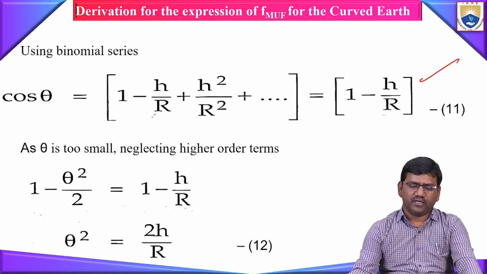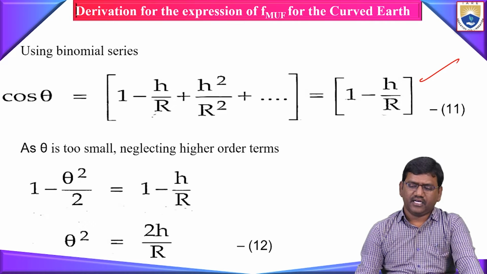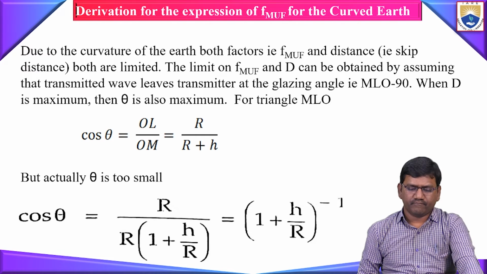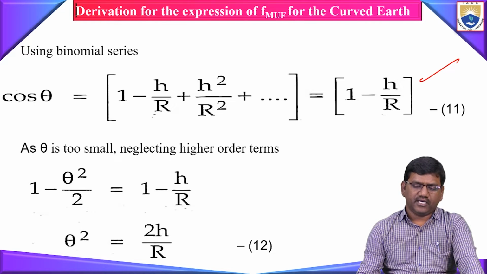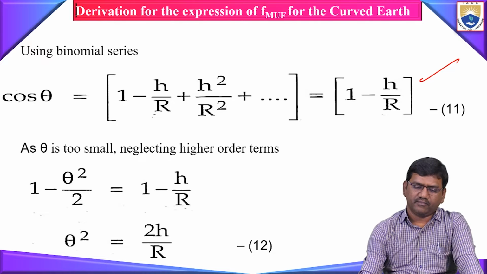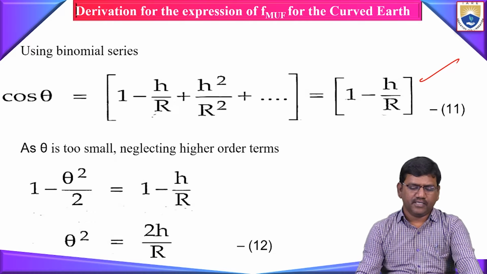As theta is very small, neglecting higher order terms, 1 minus theta square by 2 is equal to 1 minus h by r, and theta square is equal to 2h by r.